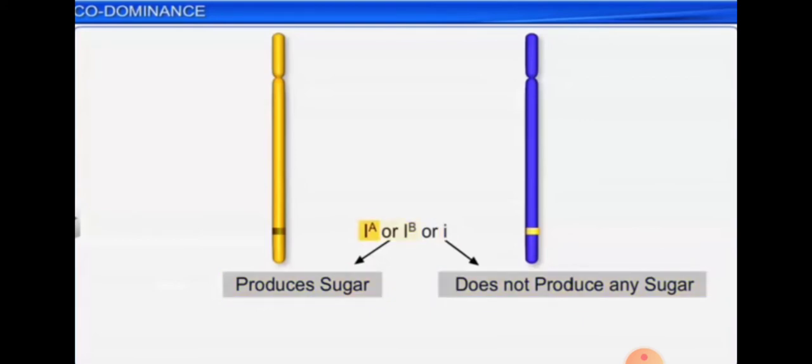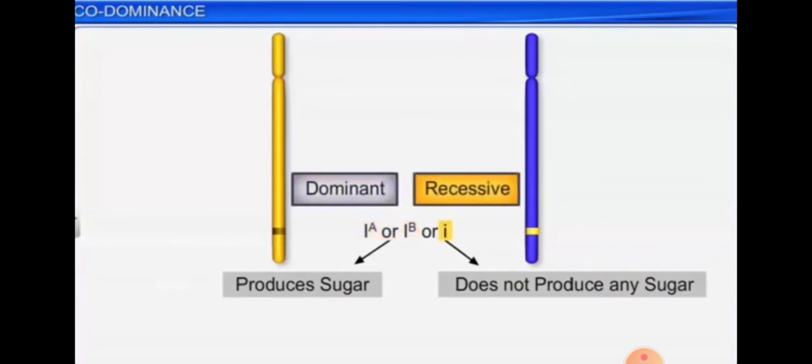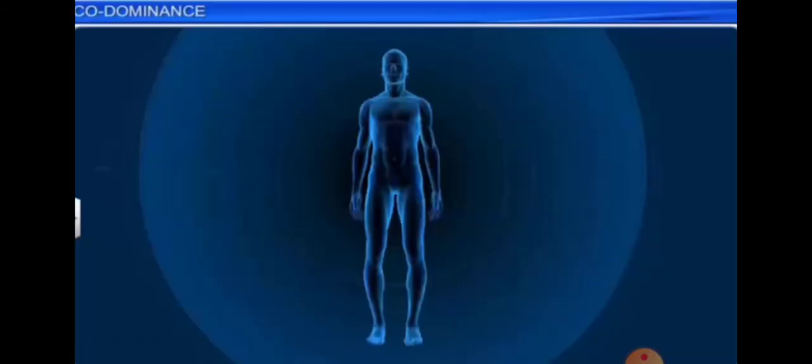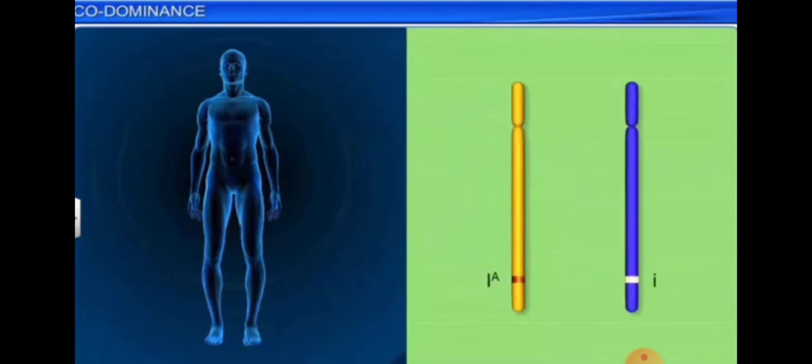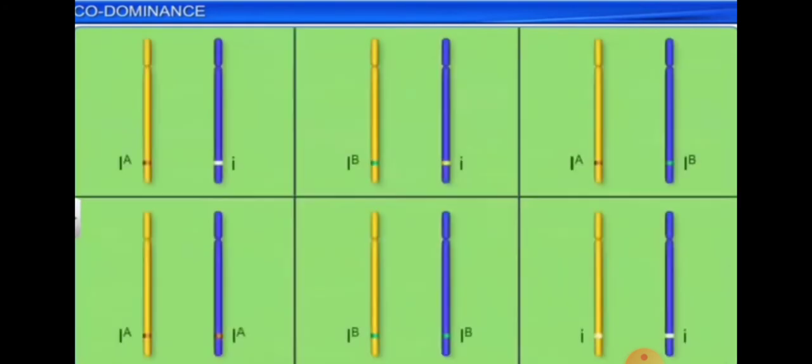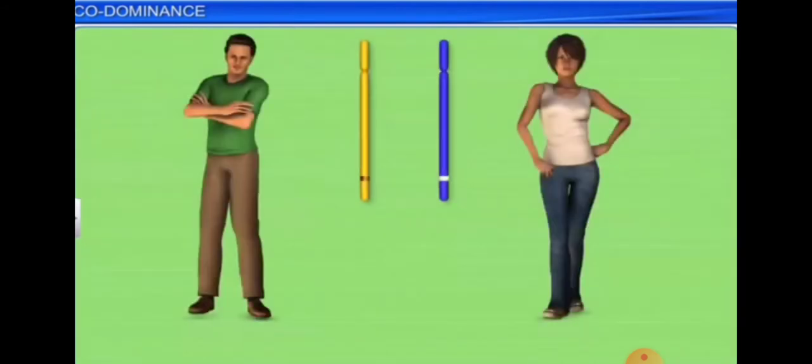Here the alleles IA and IB are completely dominant over the allele small i. Human beings are diploid, and hence they possess only two of the three alleles of gene I. Consequently, we can see that there are 6 possible combinations of the alleles.